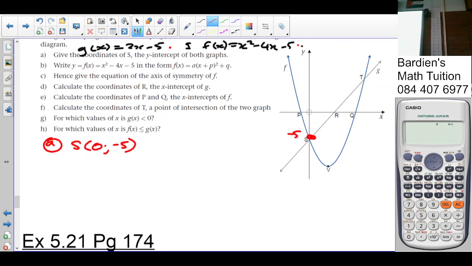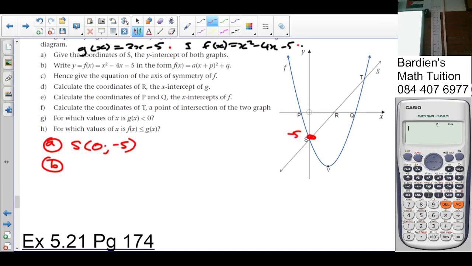B says write y is equal to f of x, which is equal to x squared minus 4x minus 5, in the form a into x plus b whole squared plus q. We need to complete the square.